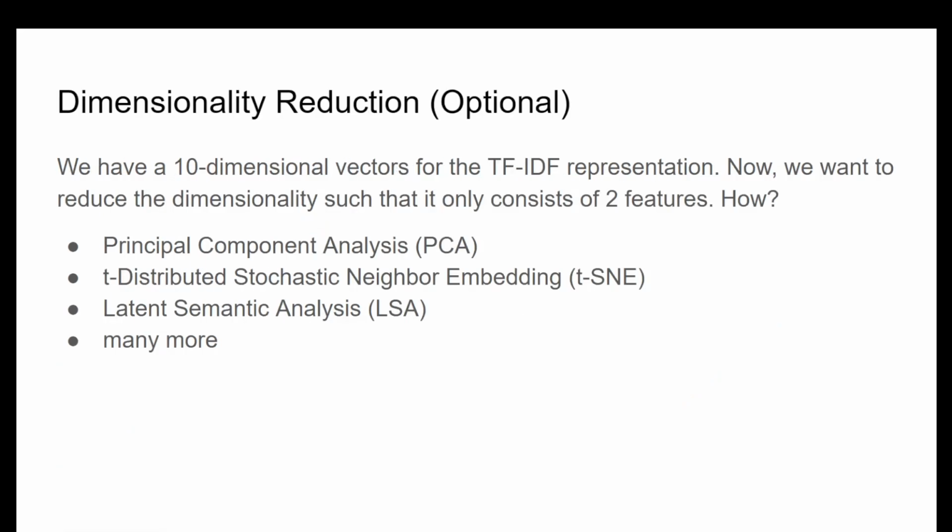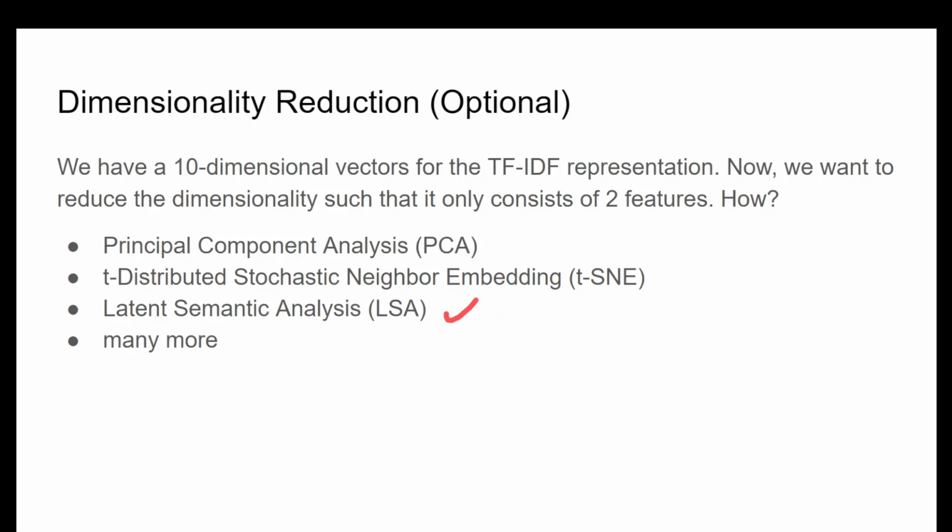The next one is we are going to do clustering, but before that you have to reduce the dimensionality of this representation, since we got these 10-dimensional factors and it would take a long time to compute the clustering result. So I will reduce dimensionality so that it consists of 2 features only. There are so many ways you can do it, and I will use this one.